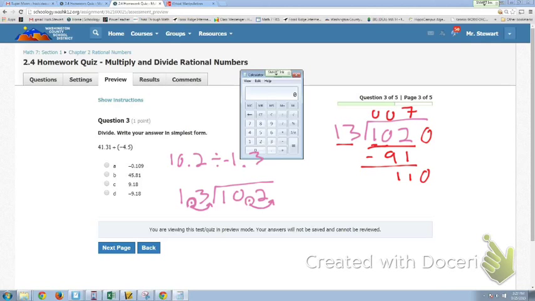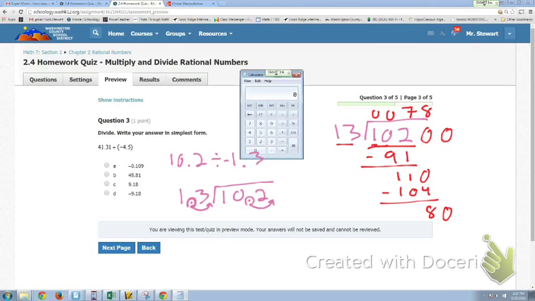Probably 7 times again. Oops, 110 divided by 13. Oh, 8 times, yay. So this time, 8 times 13, 104. And we can keep going, probably for a very long time. This is actually going to be a repeating decimal of some kind.